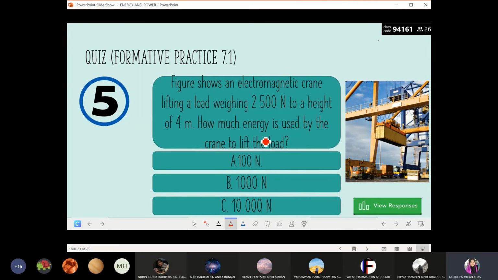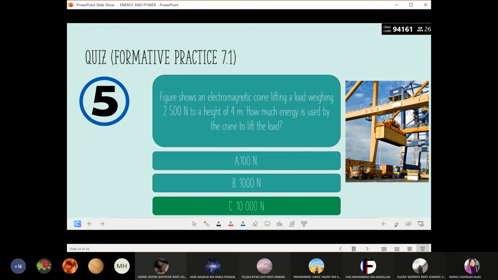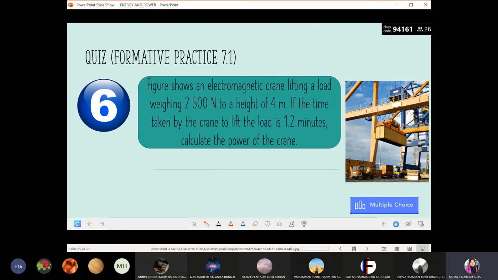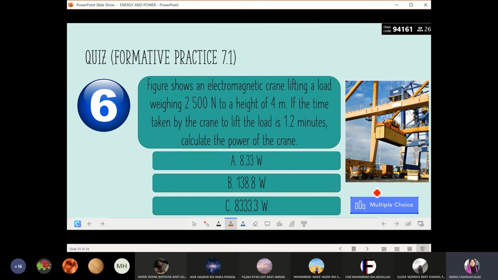What is the energy used? Energy, what's the unit? Joule, right? So this is also the unit for work. So you just calculated work. F times S, 2,500 times 4 meters. So that gives you the same answer as before.